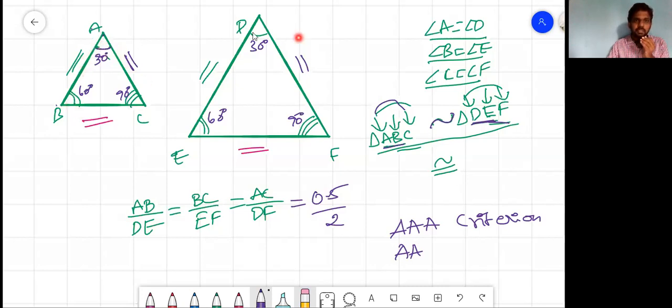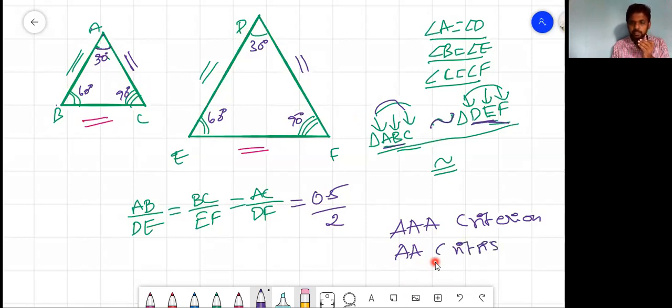So if this is 30 degrees in both triangles and this is 60 degrees in both triangles, automatically the third angle will be 90 degrees in both triangles, right? It won't change because the sum will always be 180 degrees. So if two angles of any two triangles are equal, then by the double A criterion we can say that the triangles are similar.